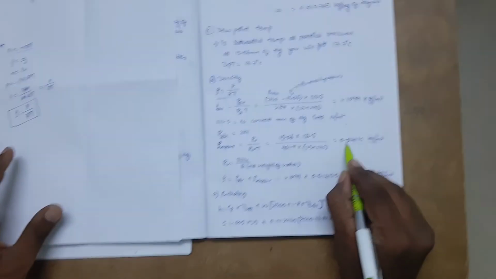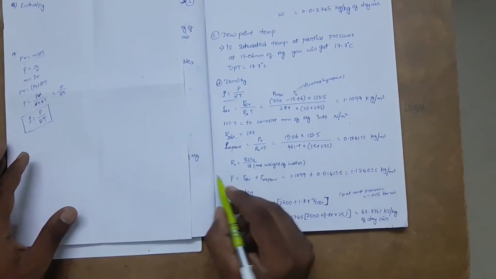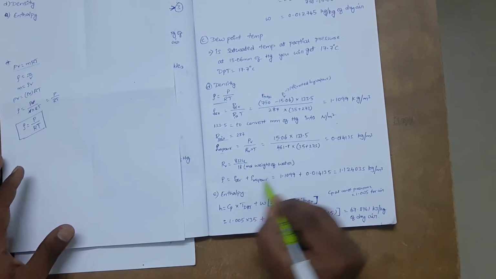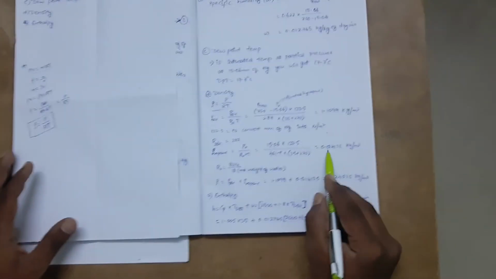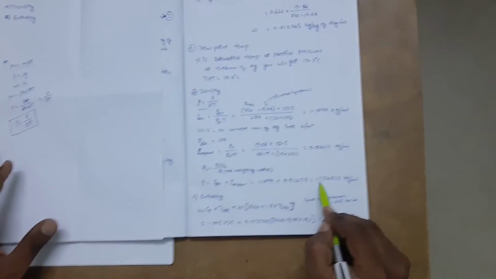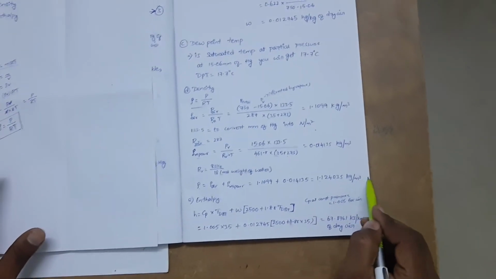Now you will get the value of 0.014135 kg per meter cube. Now the density is equal to density of air plus density of vapor. You will get 1.1099 plus 0.014135. You will get 1.124035 kg per meter cube.